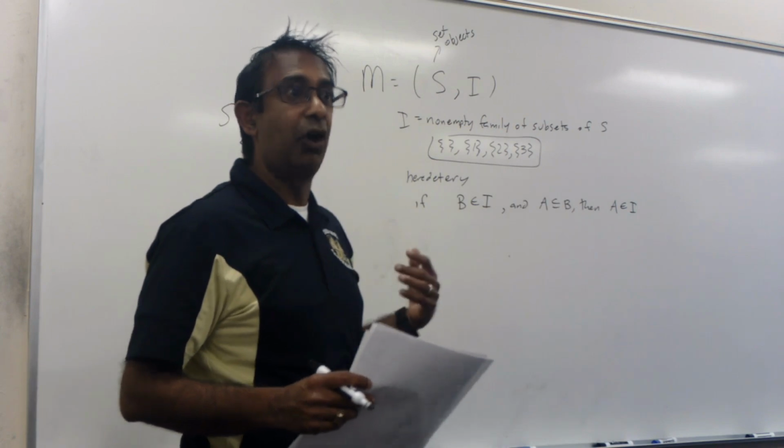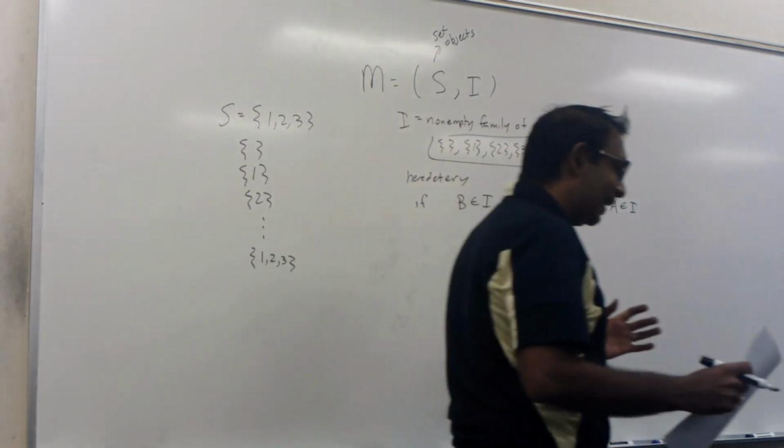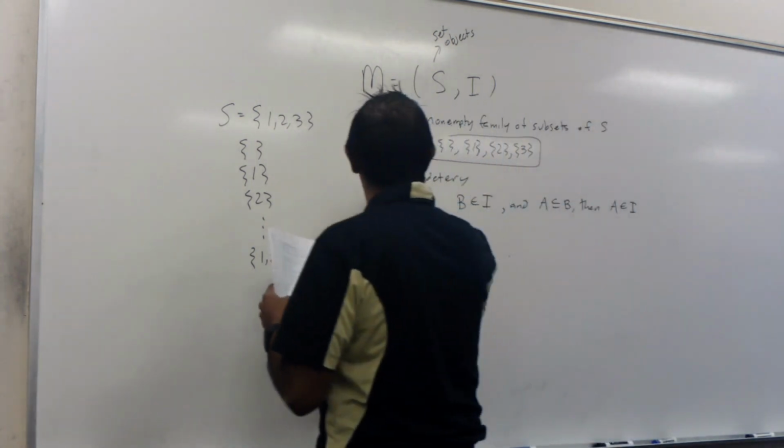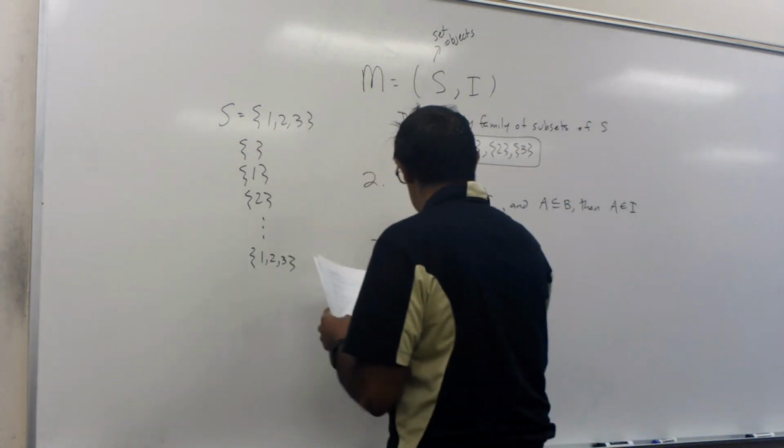That's a pretty strong property. It's like saying, if this subset's there, you can take any subset of it, and automatically that's forced to be in I. So that's the hereditary property. And then the third property, this is kind of the second property, the third property is the exchange property.